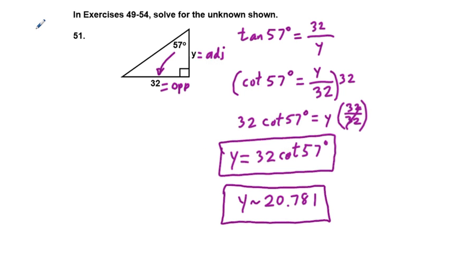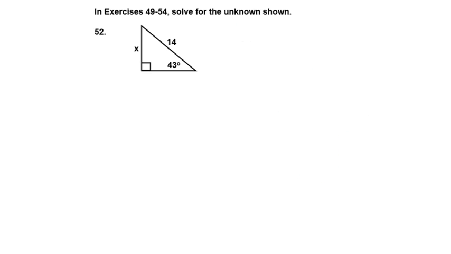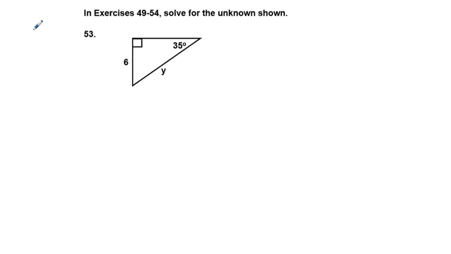Okay, next, and this will be our last problem in this set. We have problem 53, and we have this triangle. Very similar orientation to the last one we looked at, except 35 degrees, and our opposite side is 6. And y is our hypotenuse. So we look for the ratios that involve hypotenuse and opposite.